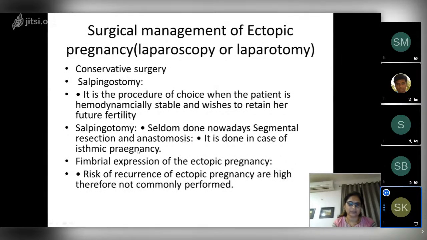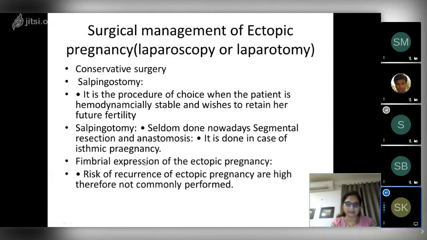What they do in the ischemic portion of the tube, the diameter of the tube is very even, is it not? So when you remove that and if you have proper edges to suture them back, then we do the salpingotomy, and mainly in the ischemic kind of pregnancy we do it. Fimbrial expression of the ectopic pregnancy is where the ectopic is there in the fimbrial end and we express it and push it out through the fimbrial end.